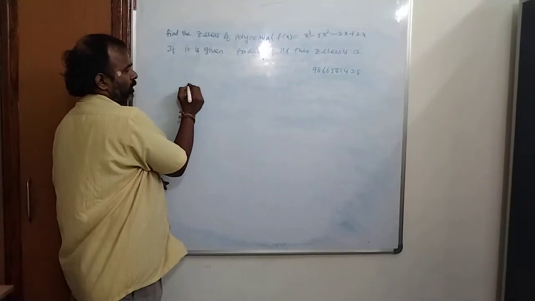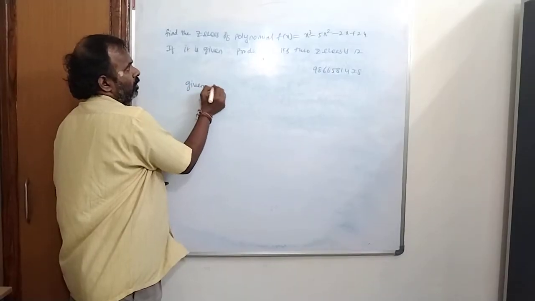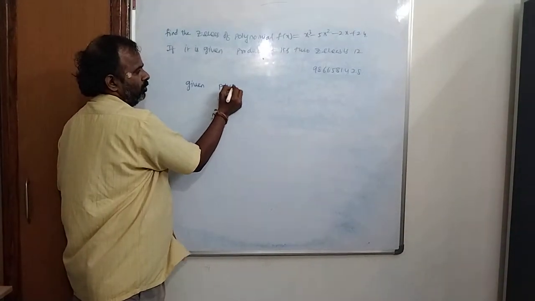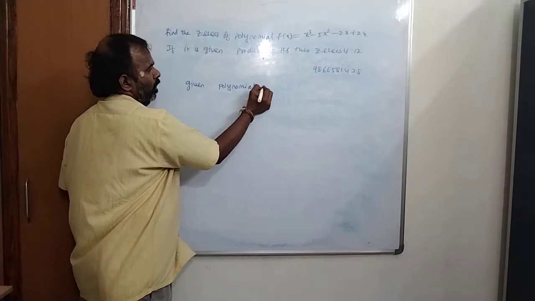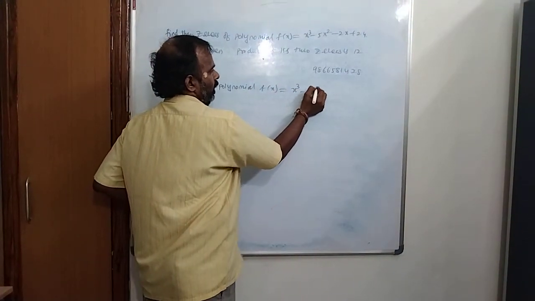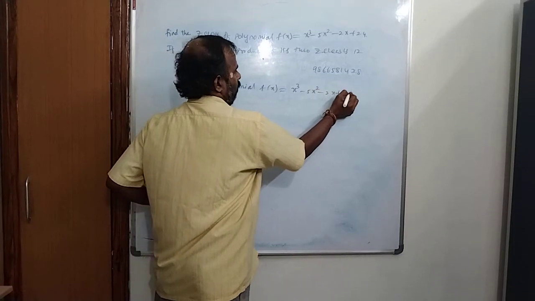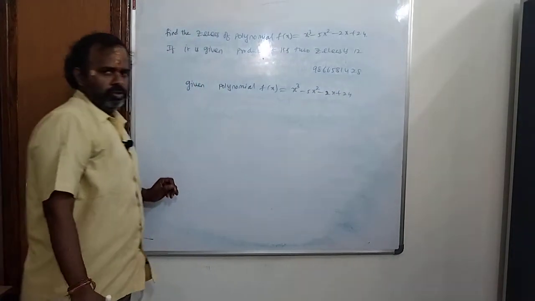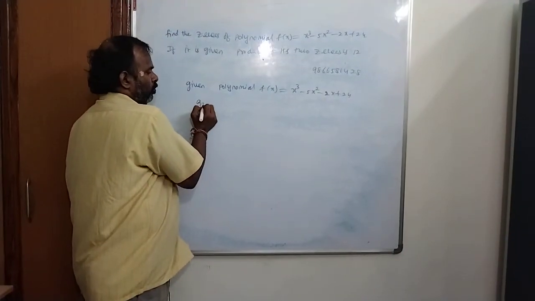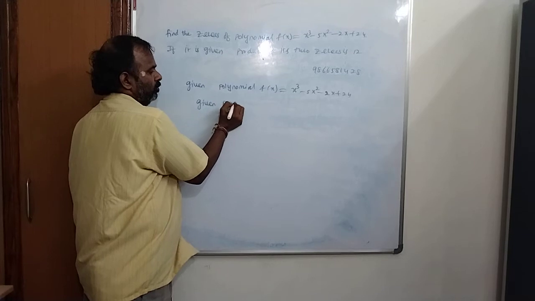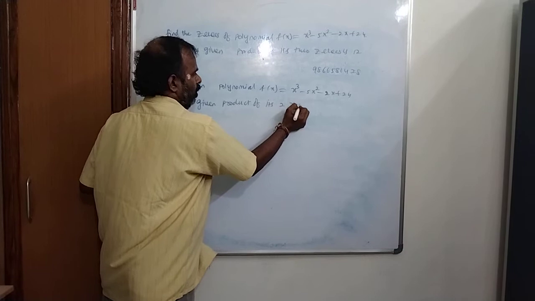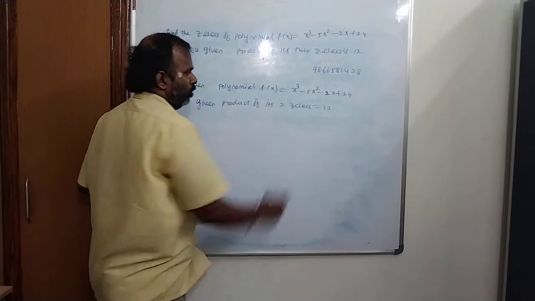So first, given the polynomial f of x is equal to x cube minus 5x square minus 2x plus 24. Now given the product of its two zeros is equal to 12.